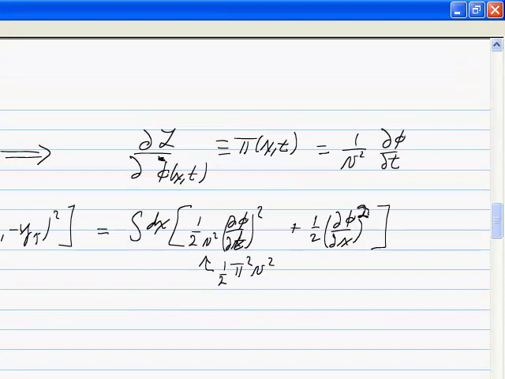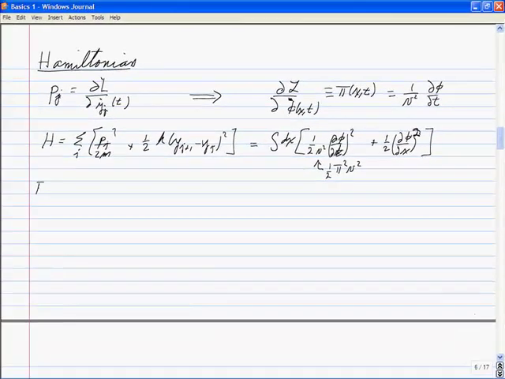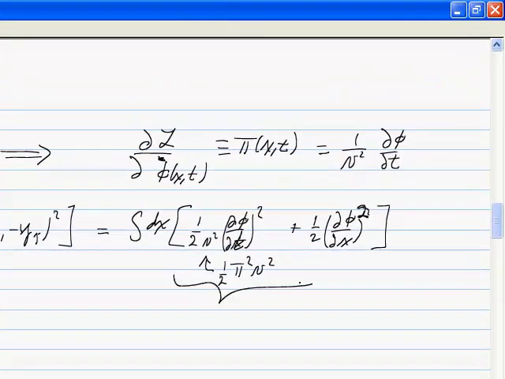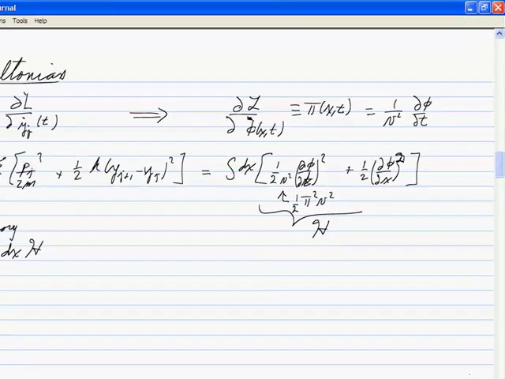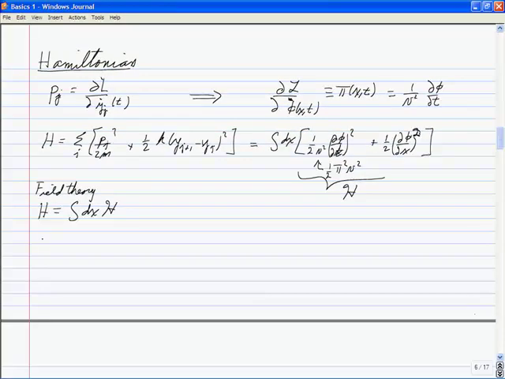Or we can do it the field theory way, the classical field theory way. We will take the Hamiltonian as the integral dx of a Hamiltonian density, just like a Lagrange density. So here's the Hamiltonian density. And the Hamiltonian density is defined as pi phi dot minus the Lagrange density.